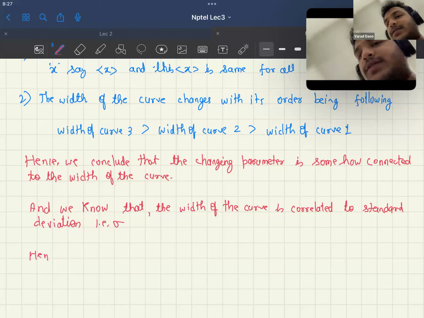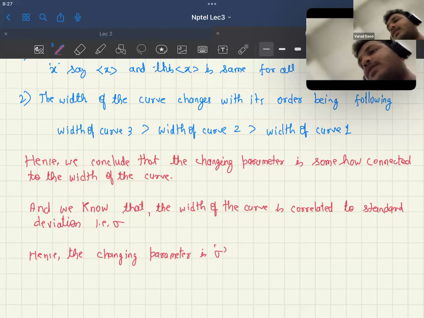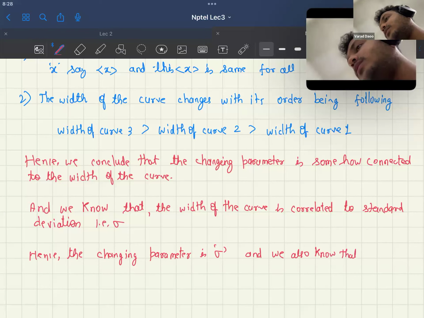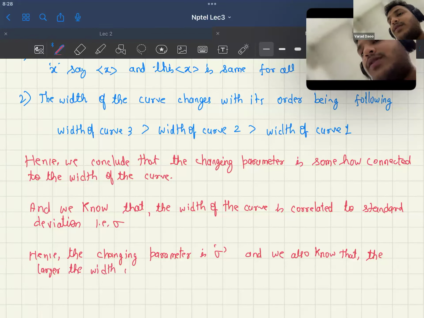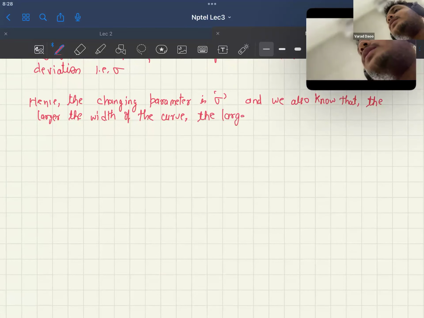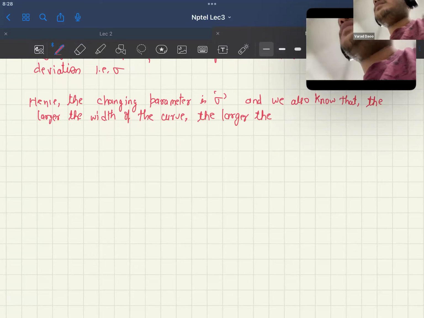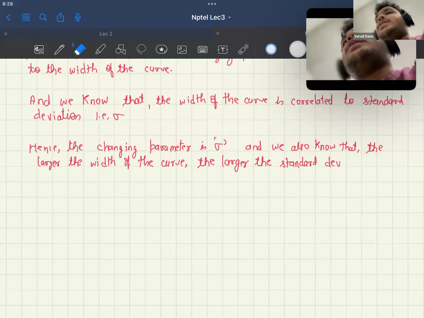Hence, the changing parameter is standard deviation, and we also know that the larger the width of the curve, the larger the standard deviation.